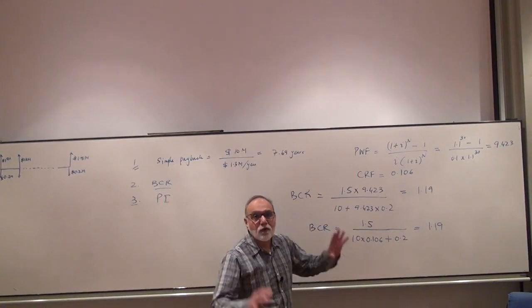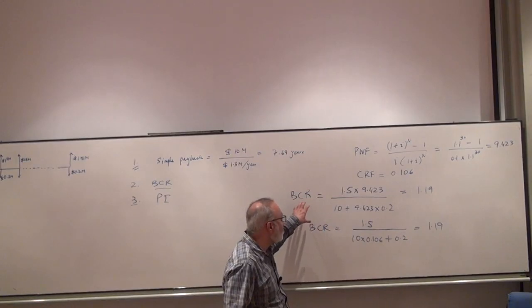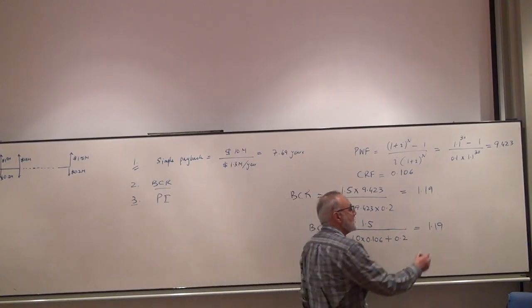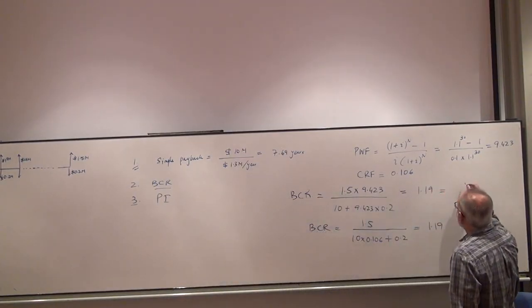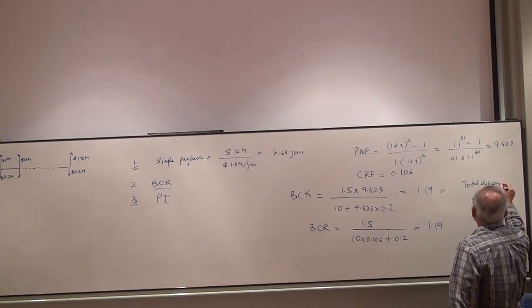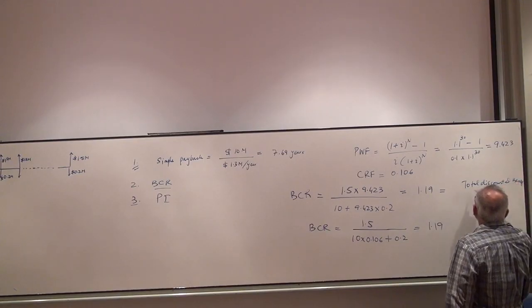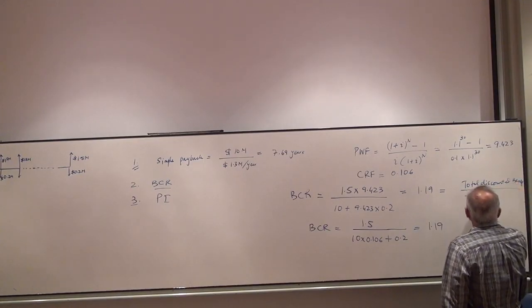Either way, on the total cost basis, this 1.19 is calculated by total discounted benefits over total discounted costs.